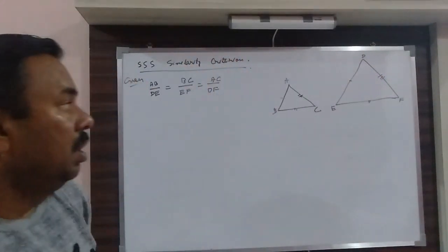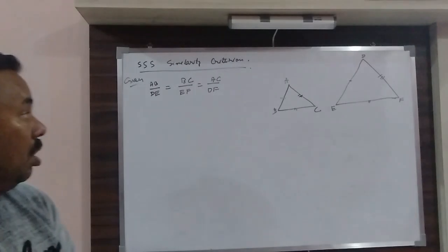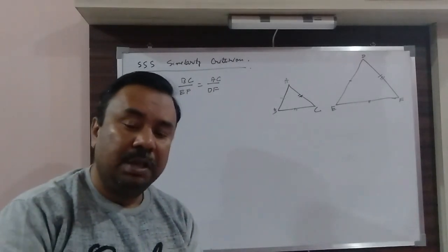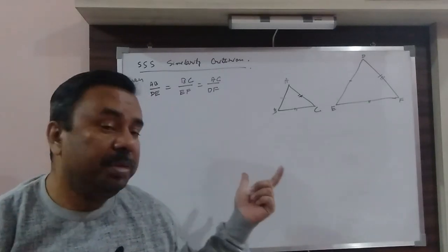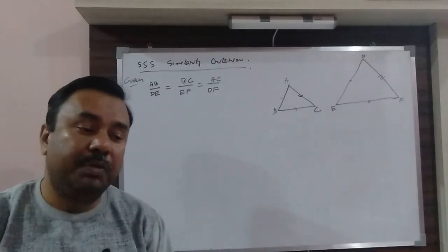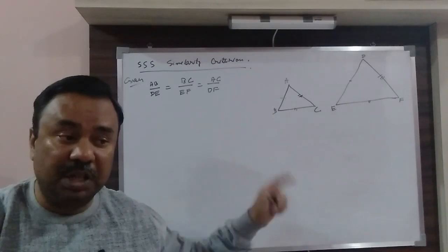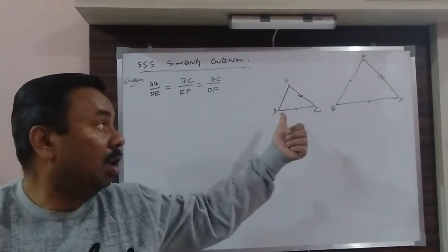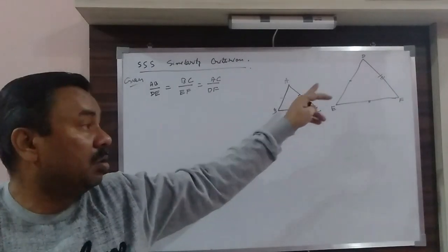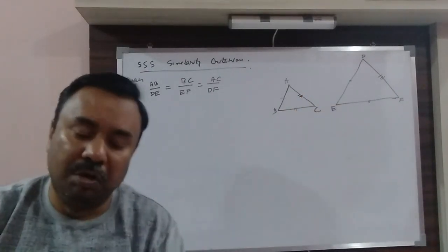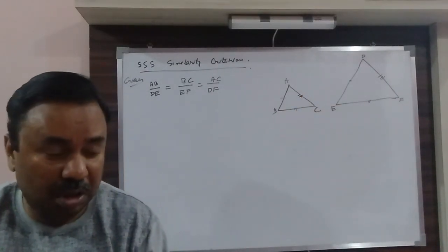All the sides are in the same ratio. Again, for the triangles to be similar, you have to prove the first condition, that all the corresponding angles are equal. One of the criteria has been fulfilled.